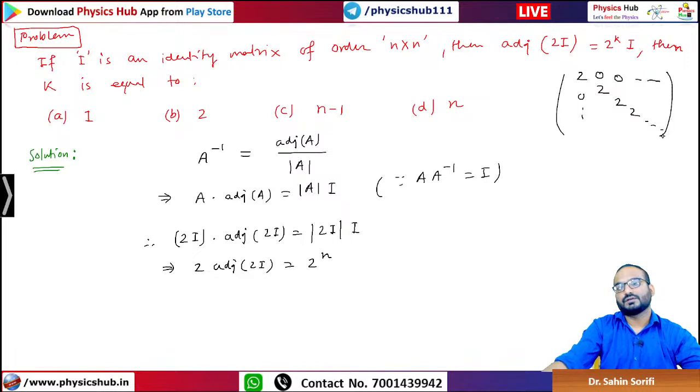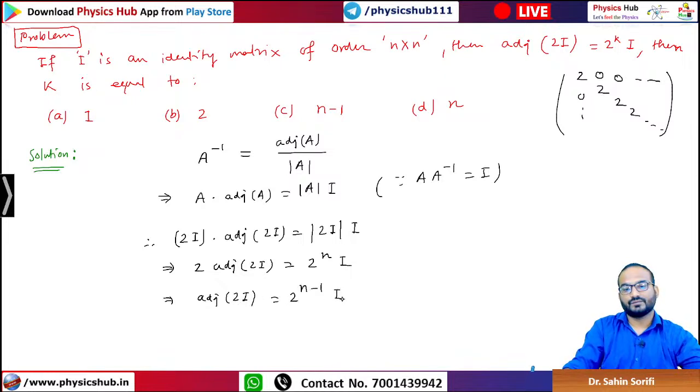If this is a matrix, to make it an identity matrix we have to take 2 common from each row, so n number of 2's will come. So 2 into 2 into 2 into 2 is 2 to the power n. Here adjoint of 2I is 2 to the power n minus 1 times I, and it is 2 to the power k times I. So from this we can say k is nothing but n minus 1.